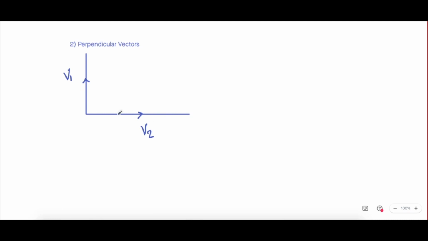That means the end of one vector needs to join to the start of the other vector. So the start of v1 would be here, and the end of v2 will be to the right. So imagine moving this across like that. The resultant is basically the distance from the start of v2 to the end of v1. So it'll basically be this. We'll call that r, the resultant.